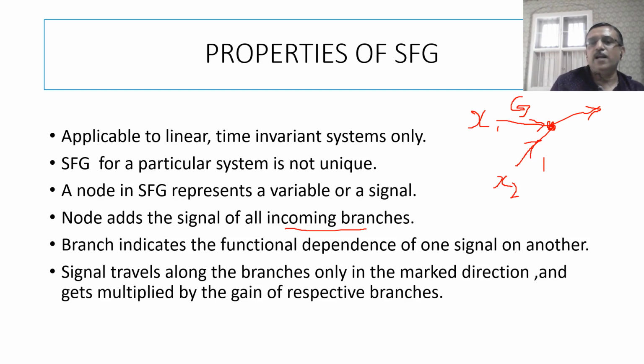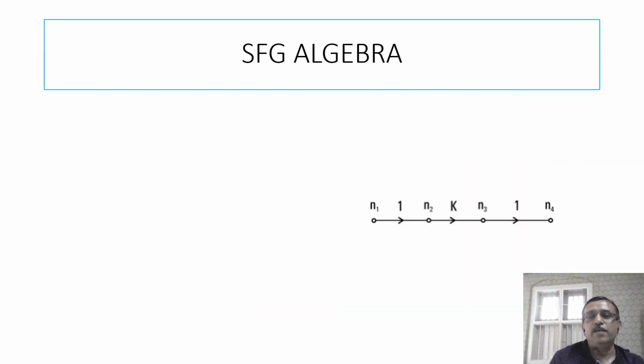So what will be the signal coming over here? It will be x1 into g plus x2 into 1. So that is what is meant by this: signal travels along the branches only in the marked direction and gets multiplied by the gains of the respective branches. We'll have some examples.